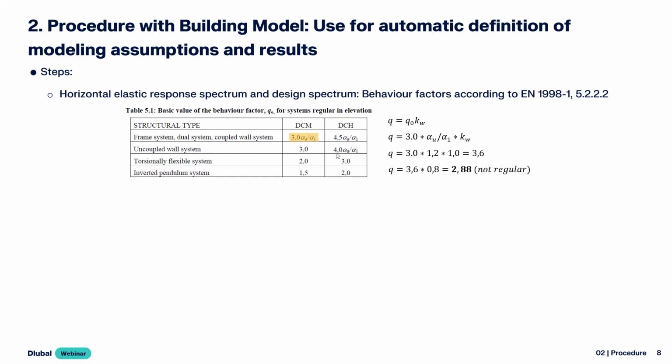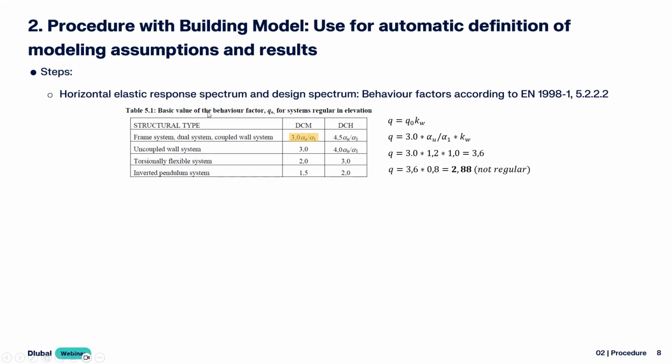So this is provided by the norm. Yeah, because of time, I cannot make a full explanation on this. But let's assume that according to the location of this building, I have to use ductility of type middle class ductility. And based on the description of our system, we have a dual system, coupled wall system, and this is the base definition for our behavior factor. Yeah?